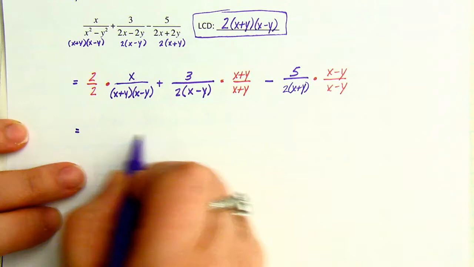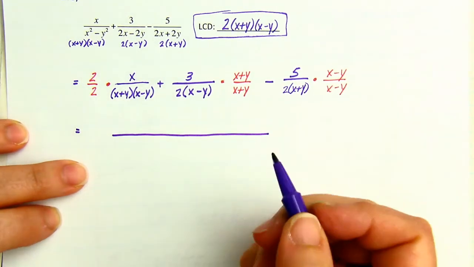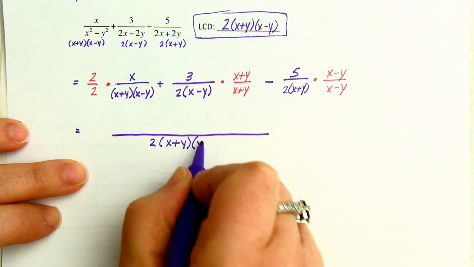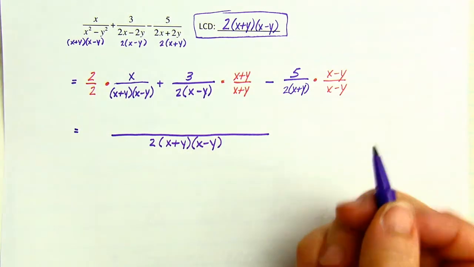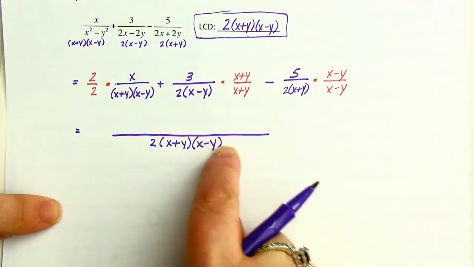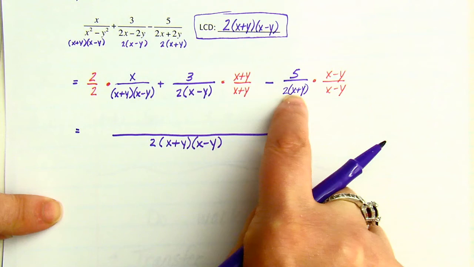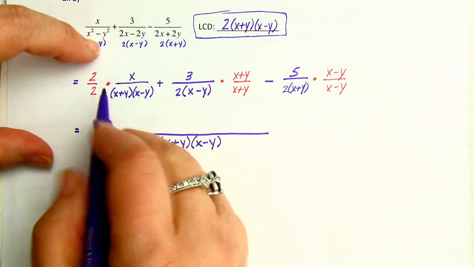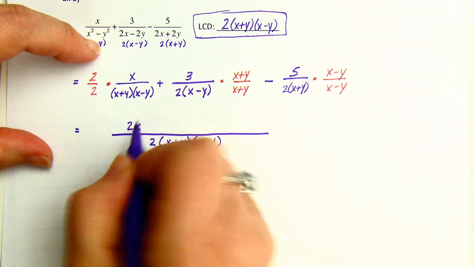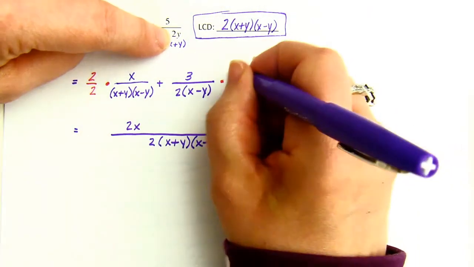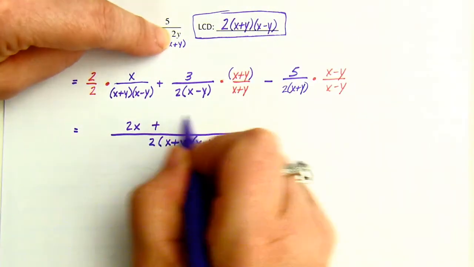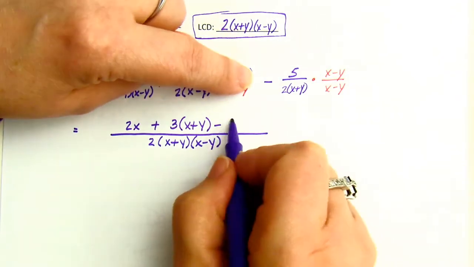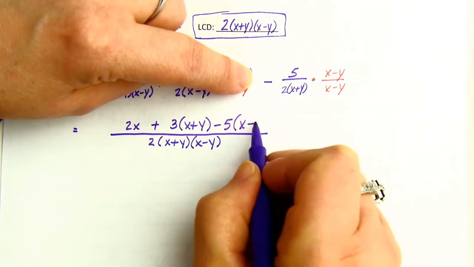Now I'm going to write one fraction bar with the common denominator, right, because that times that is this, this times that is this, this times that is this. So I'm just going to write it one time. I have to take care of what's on the top. This is 2x. This is plus 3 times quantity x plus y. And this is negative 5 times quantity x minus y.